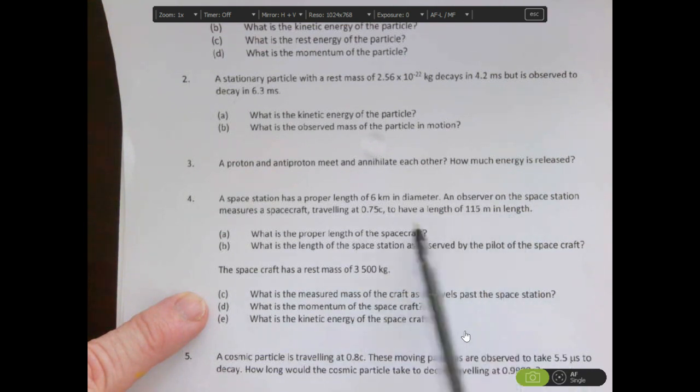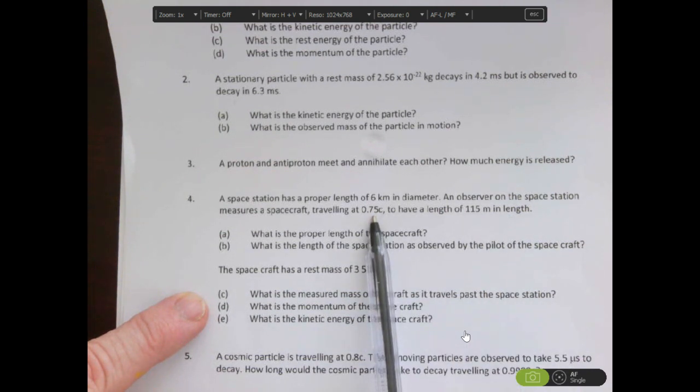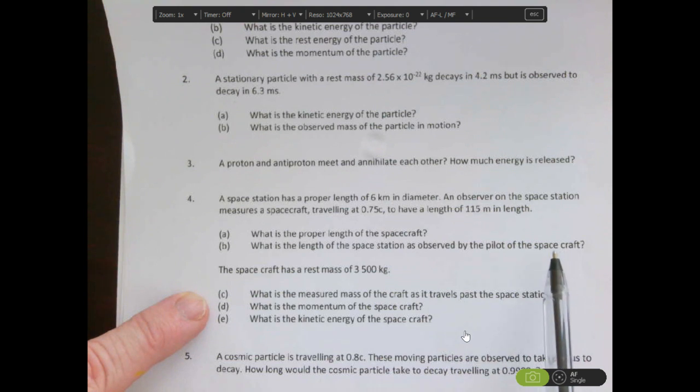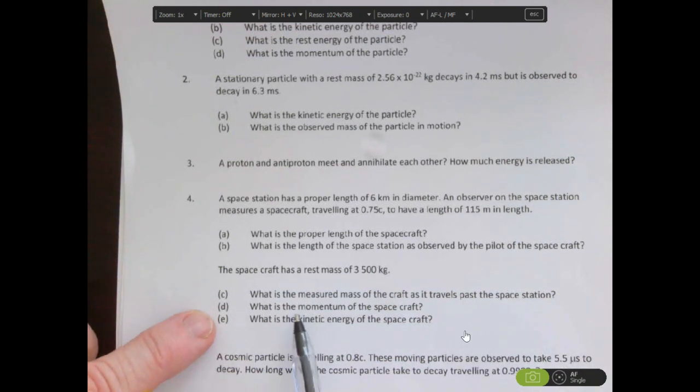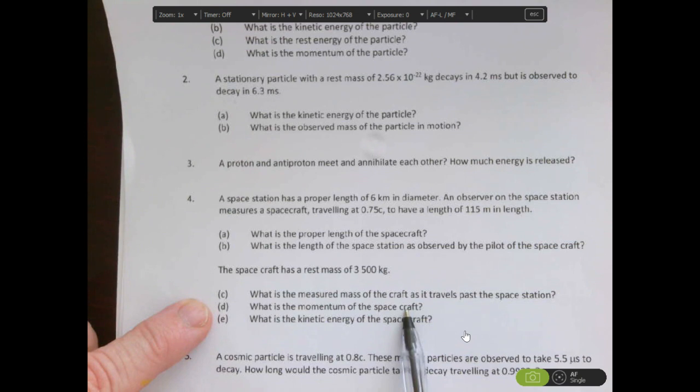Remember, because it's traveling, we will observe it to have a larger mass. We're going to calculate the momentum of the spacecraft and also the kinetic energy. Okay, so let's go through.